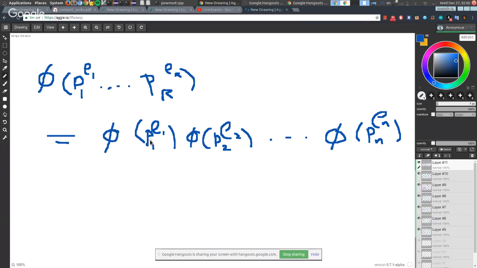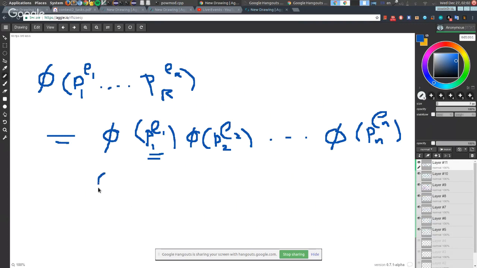Each of those is equal to the number of coprimes. If we have a prime power, it's all the numbers in the range from 1 up to this number, but we have to exclude all the multiples of p.